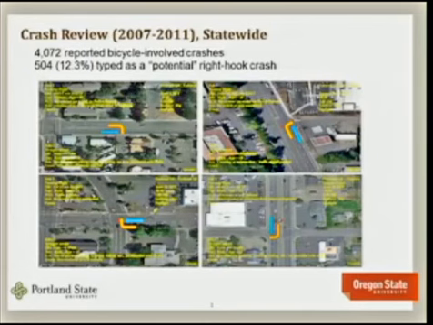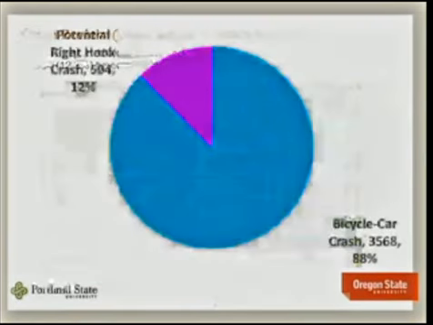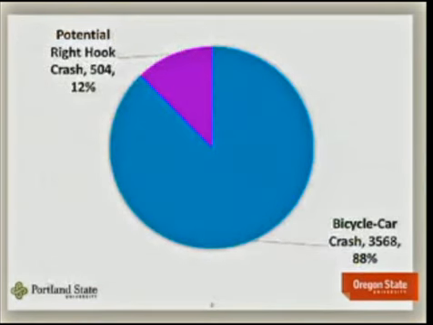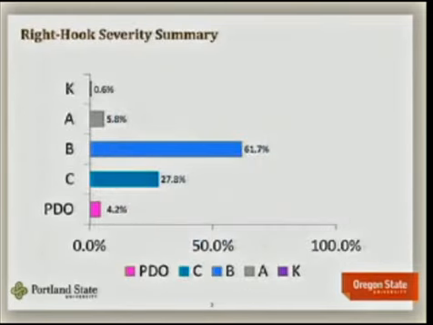There's a lot of other information about the crashes that we looked at, but mainly we wanted to look at the context where these right hook crashes are happening. The right hook crashes are about 12% of the total bicycle-car crashes, so it's a fairly large percentage of that type of crash. But in terms of severity, it's not the most severe bicycle crash.